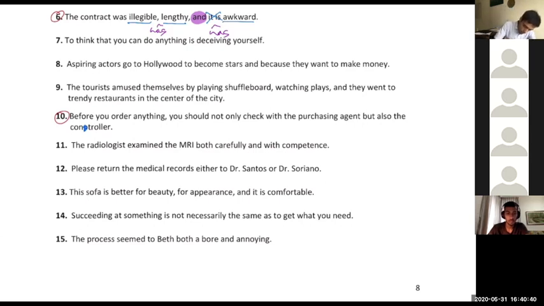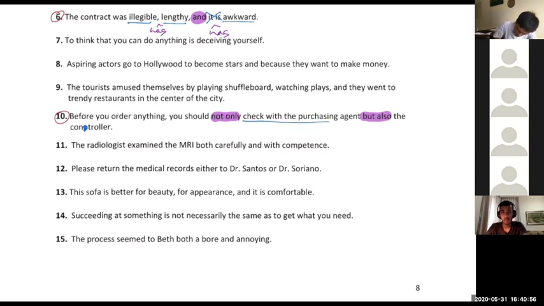So here, the key is really to focus on what are the phrases. So let's find the conjunction. So not only, but also. So what is between not only and but also is the phrase that we want to mimic. So what is the phrase that we want to mimic?